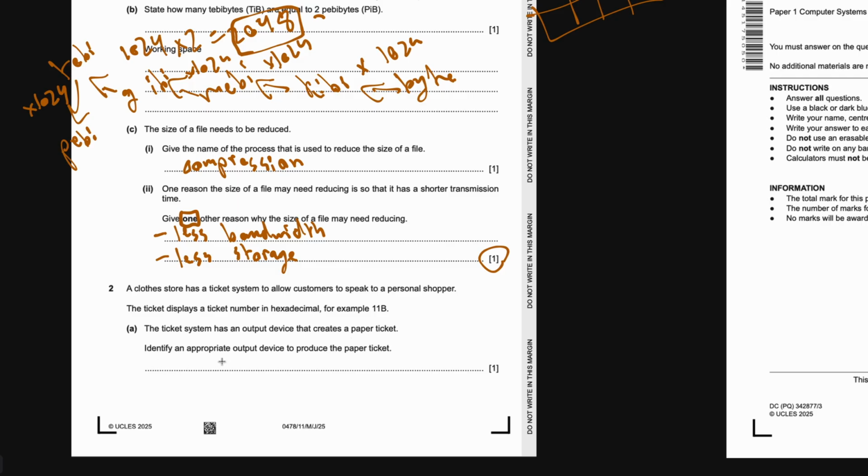Identify an appropriate output device to produce the paper ticket. So what output device do we know that could produce a paper ticket? Well, of course, it's not a keyboard, right? Or a mouse or anything like that. It's, of course, a printer, right? A printer produces paper tickets.